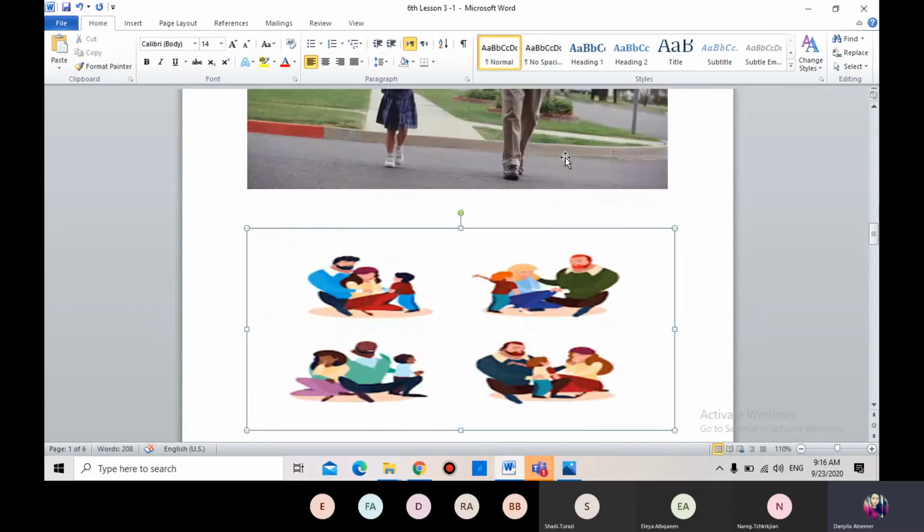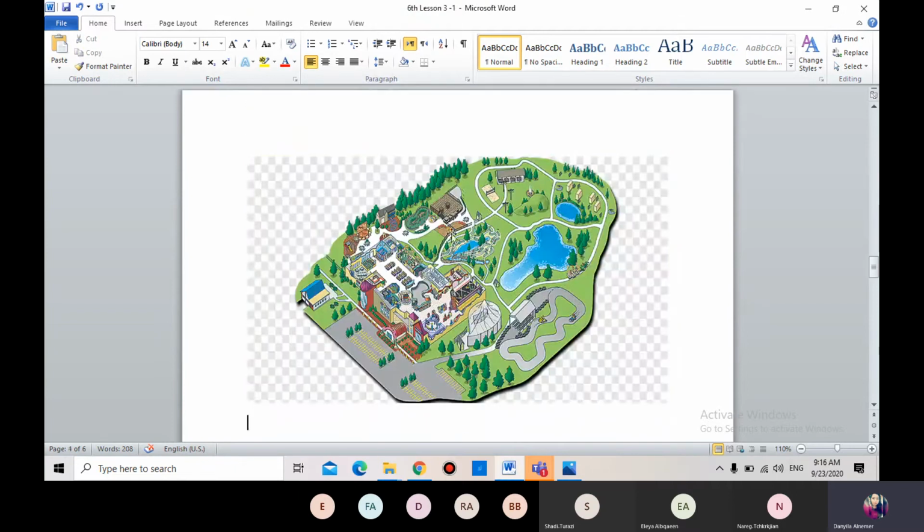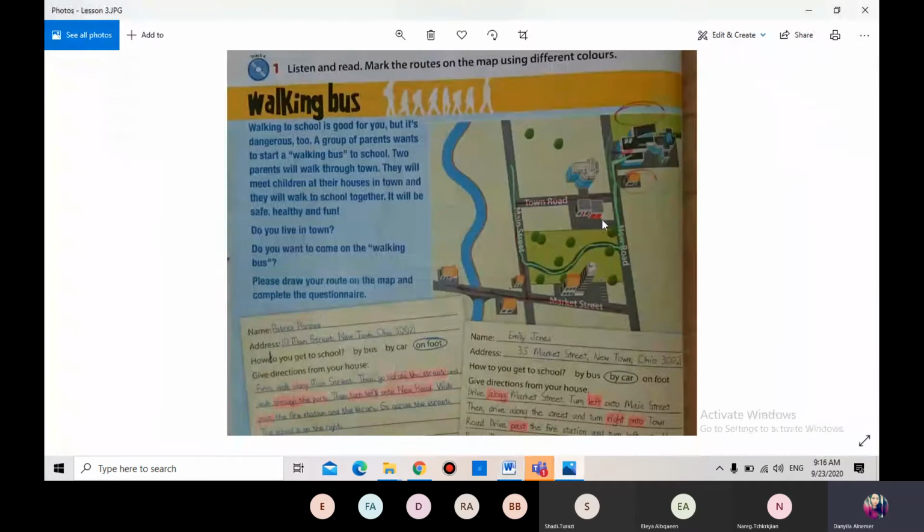Again, so we have this here. This is a map and it shows directions. The one in your book, this is a map. It shows buildings, streets, and every single thing in the city that you need to tell your direction.